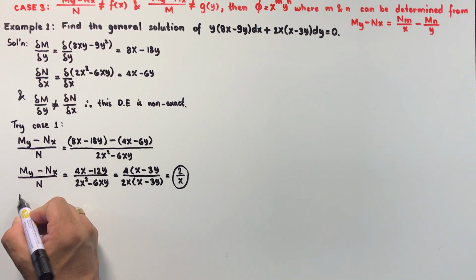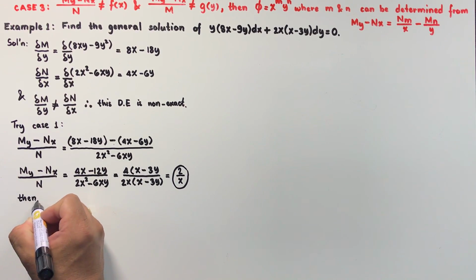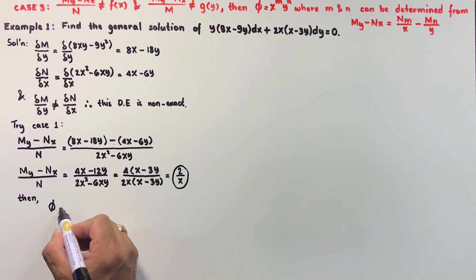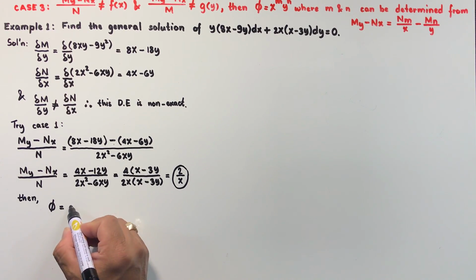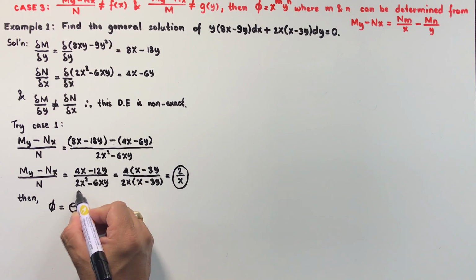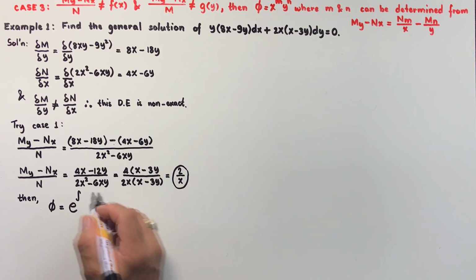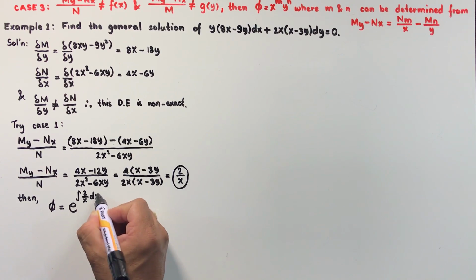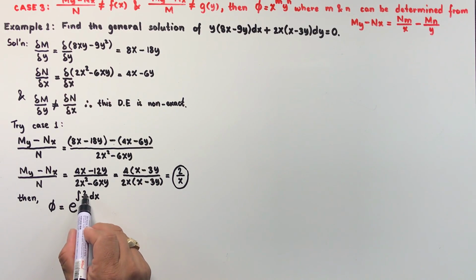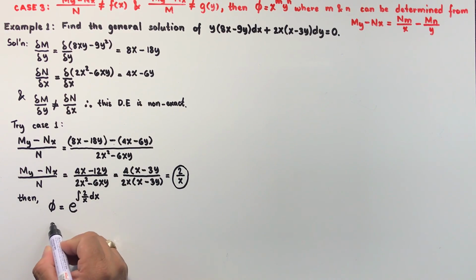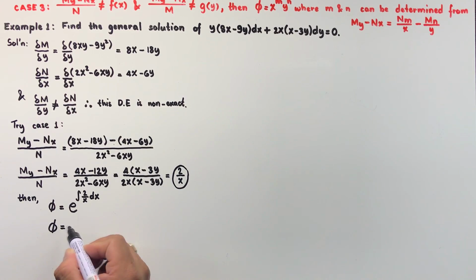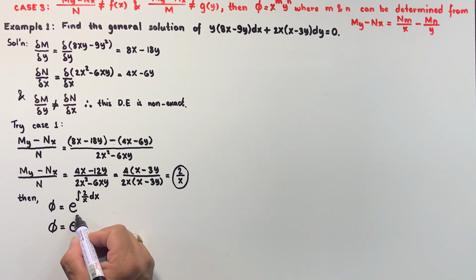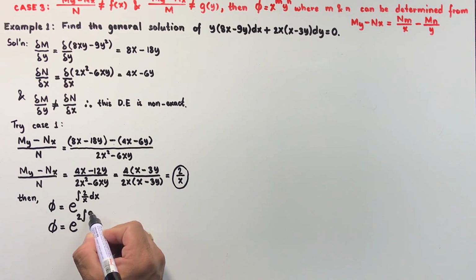So, using case number 1, we can determine our integrating factor, which is equal to e to the power of the integral of this function 2 over x dx here. And factoring out this constant 2 outside the integral symbol, we have phi, which is equal to e to the power of 2 times the integral of dx over x.